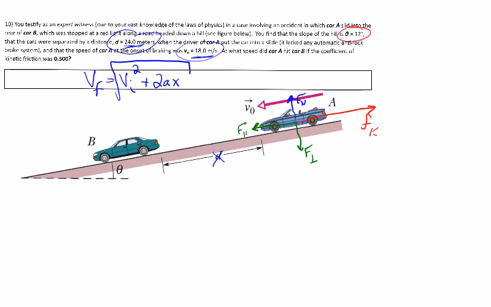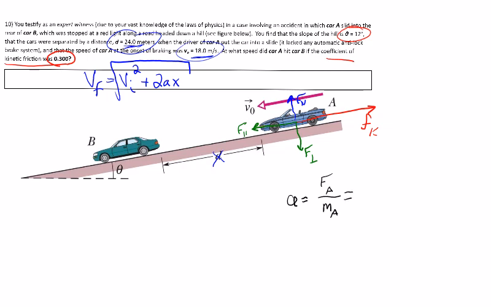I know the angle. We have measured the coefficient of kinetic friction to be 0.3, so we have all that. This is what we did in the lab, but I'm going to go through the process again as a reminder. The acceleration of car A would be the net force on car A over the mass of car A. If you look at the problem, we actually don't know the mass of the car, and there's a reason why.